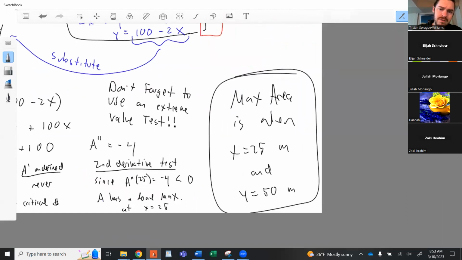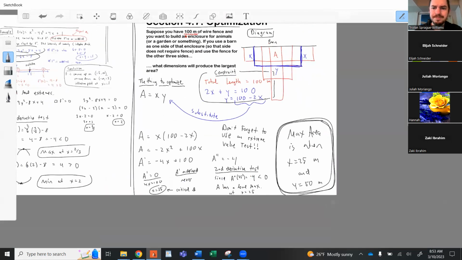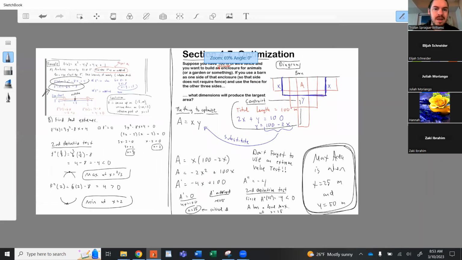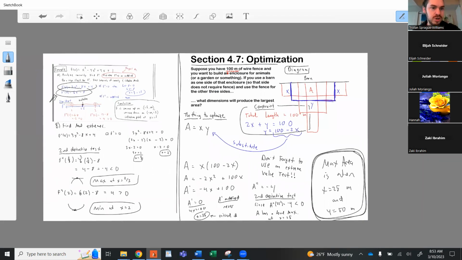And that is the answer to our optimization problem. It's 25 by 50. Okay. And that's your first exposure to optimization.